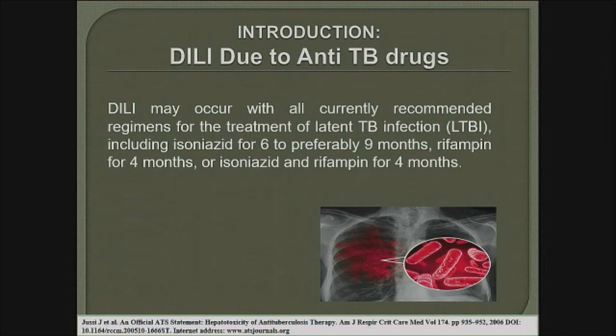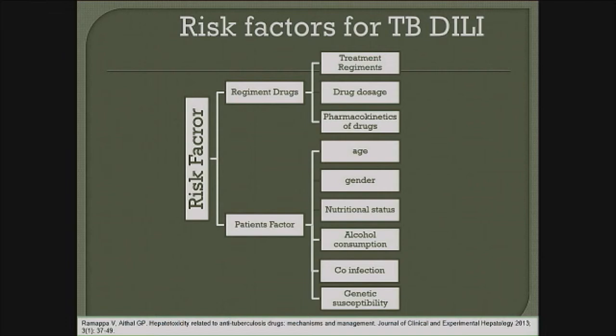So, DILI due to anti-TB drugs. DILI may occur with all currently recommended regimens for the treatment of latent TB infection, including isoniazid for 6 to preferably 9 months, rifampicin for 4 months, or isoniazid and rifampicin for 4 months. In this slide, we can see the risk factors of TB DILI.